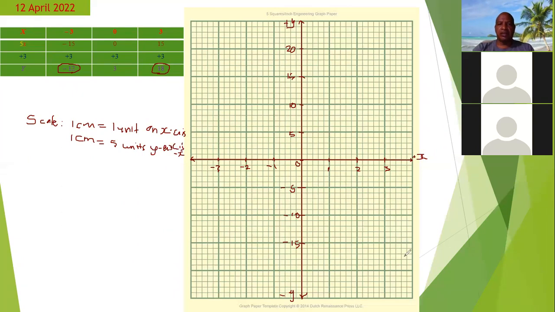All right, so we have our scale, we labeled our axes. The next step now is to plot our points.